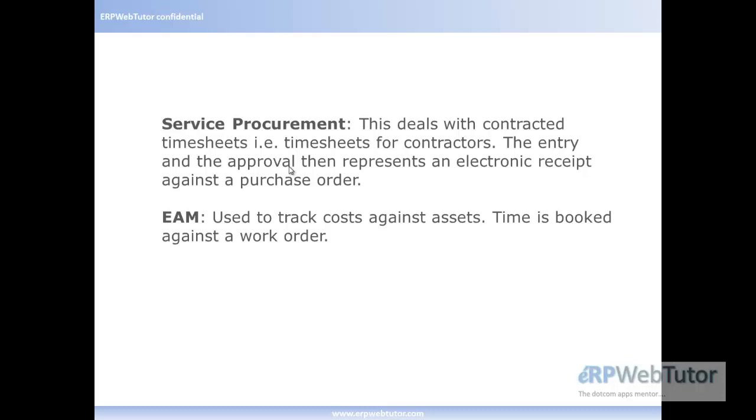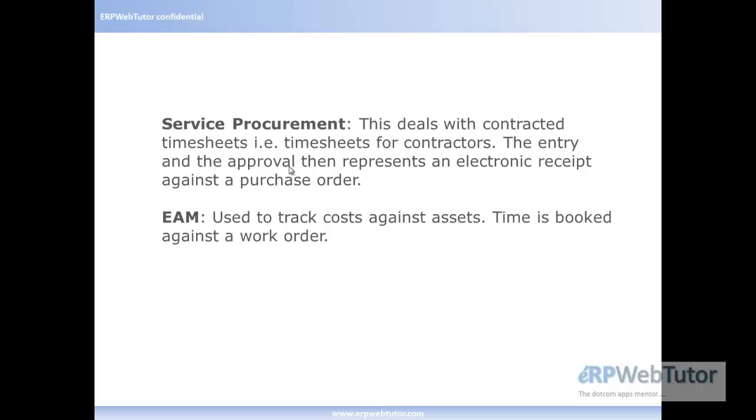When they submit a weekly timesheet of 40 hours, once that 40-hour timesheet for the week is approved, then those 40 hours can be reduced from the purchase order. So the initial purchase order was 200 hours, and now it will say 40 hours already entered and 160 hours remaining. So you can make the payments in your payables module accordingly.